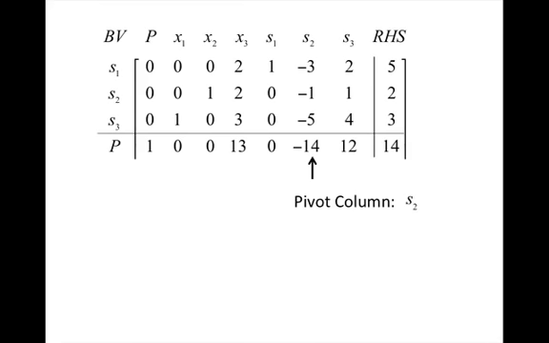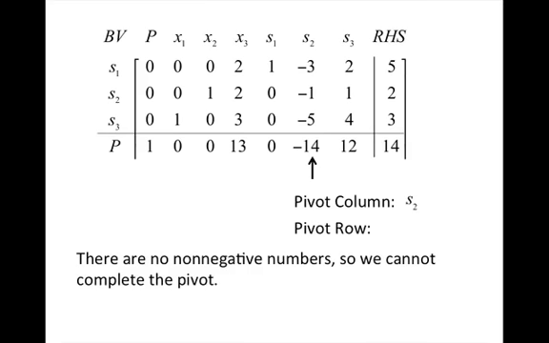Now I take my right-hand side and I divide it by the S sub 2 values to get my pivot row. When I do this, 5 divided by negative 3 is negative, so I cannot use it. 2 divided by negative 1 is negative, so I can't use it. And 3 divided by negative 5 is negative, so I can't use it.